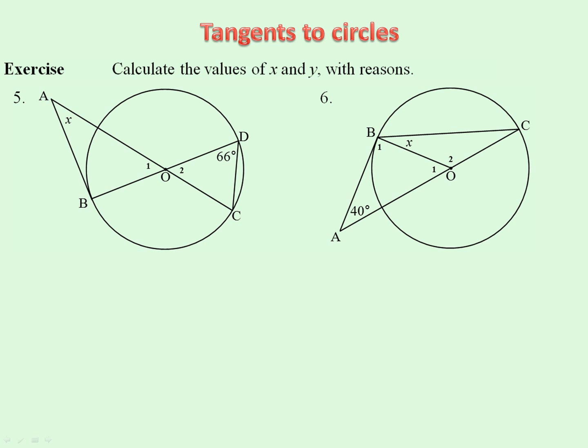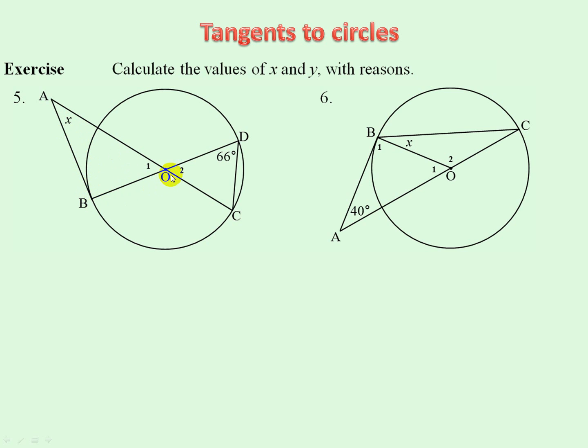Number 5. We say, well, what is x equal to? Nothing out there. What does x combine with? Well, x combines with these 3 angles to give 180 degrees, or x combines with this angle and here to give you that. In other words, we have to find another one of these 3 angles first.